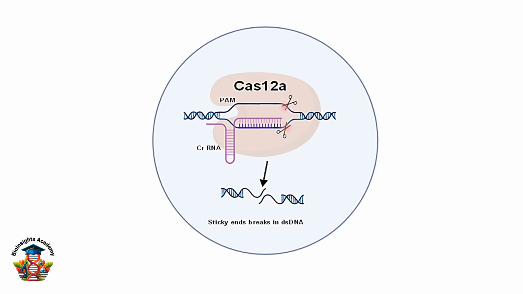After the DSB is created, the cell's natural DNA repair mechanisms are activated to repair the break, just like Cas9, as we said before. So we said that there are two DNA repair mechanisms, NHEJ and HDR.